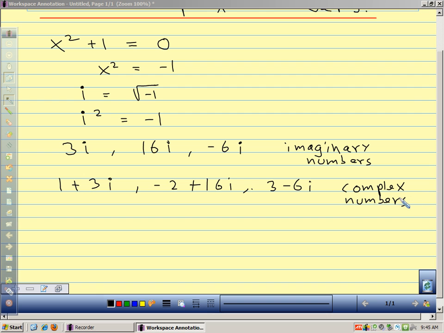What we call standard form for complex numbers is anytime we write it as a plus bi, where a and b are both real numbers.